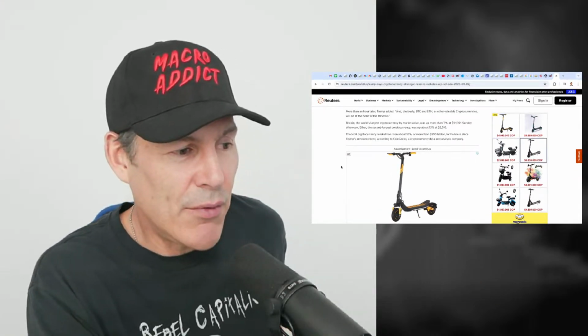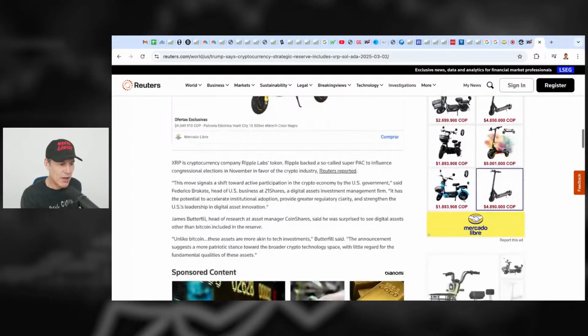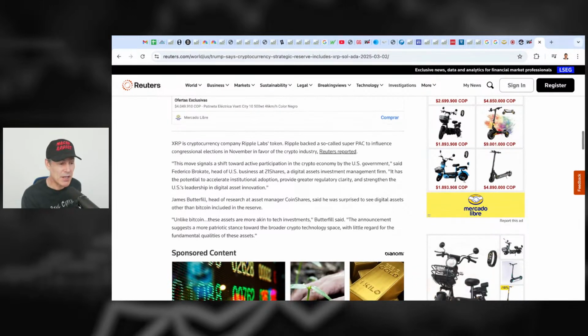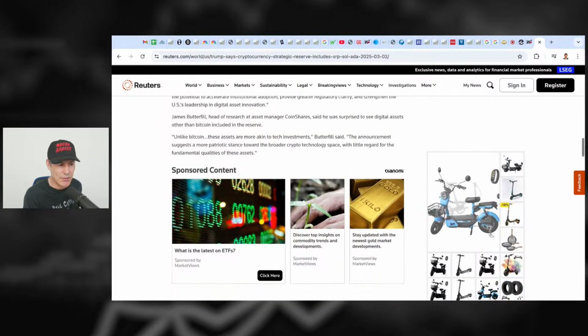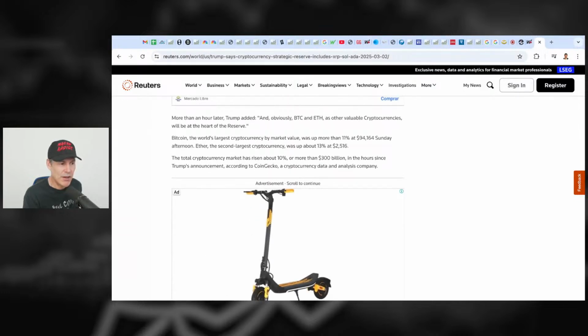And what I think was very interesting is the first tweet talked about XRP. It talked about Cardano. It talked about Solana, if I'm not mistaken. And then it said nothing about Bitcoin or Ethereum. And then a few minutes later, an hour later, you get a tweet saying, oh, and I love Ethereum and Bitcoin too, exclamation. It's like, come on, man.